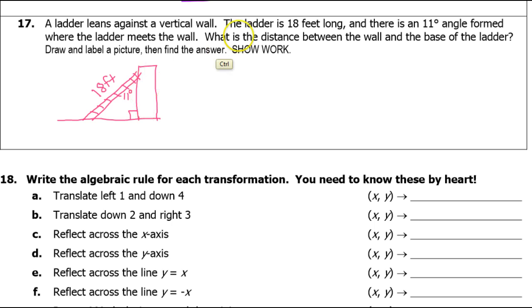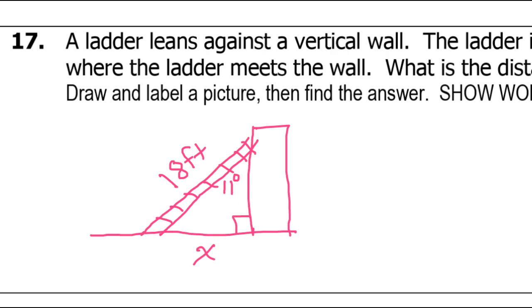What is the distance between the wall and the base of the ladder? So the base of the ladder is here, the wall is here, so we are looking for this distance right here. Let's start by indicating the hypotenuse, which is always across from the 90-degree angle. So this is the hypotenuse.